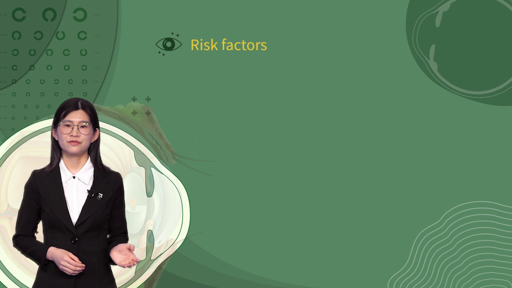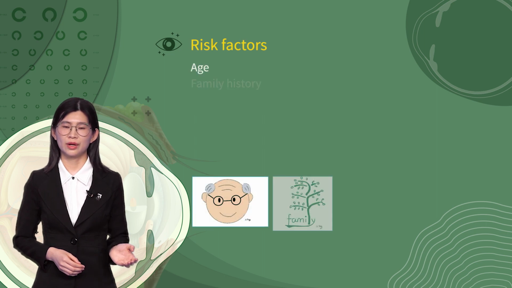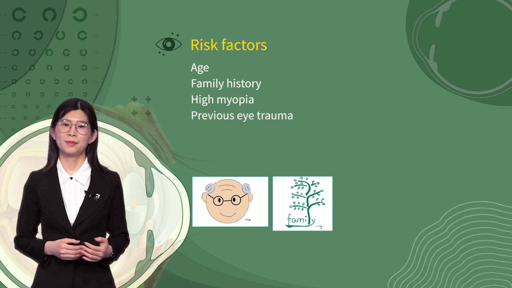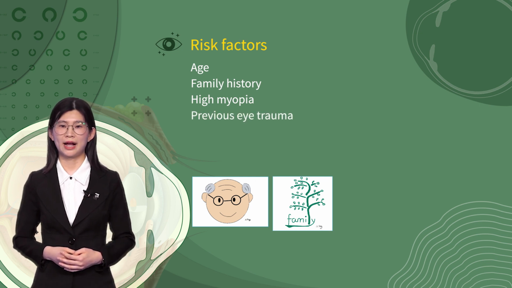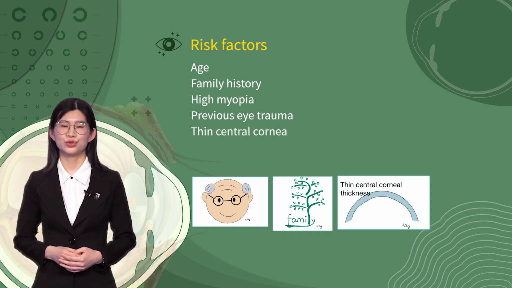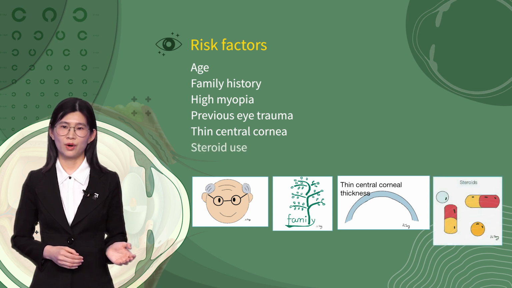Because open-angle glaucoma is asymptomatic early on, when diagnosed, the optic nerve usually has been seriously damaged. So, how can we catch it earlier? To answer this question, we first need to know the risk factors of glaucoma. The risk factors include older age, usually over 50, high myopia, previous eye trauma because there may be mechanical damage to the anterior chamber angle, thin central cornea, since it's less resistant to high IOP, and long-term steroid use.